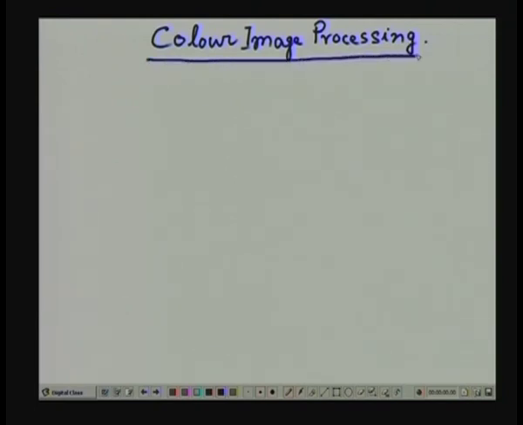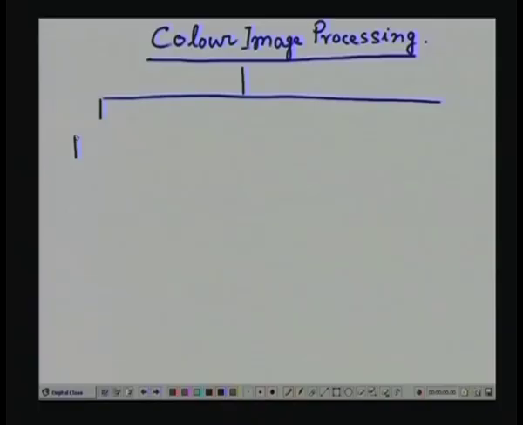So far what we have discussed is the representation of a color. When we take an image and take the colors present in the image, so far we have discussed how to represent those colors in either the RGB plane, CMY or CMYK space, or the HSI space. The images represented in any of these models can be processed.